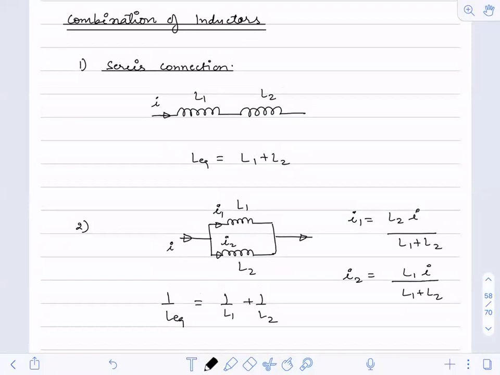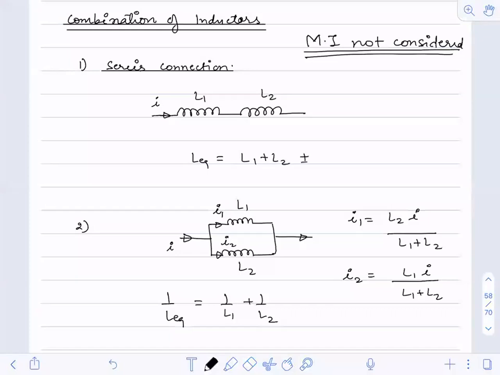This is only when mutual induction is not considered. If it is considered, it becomes a little typical, because in that case you have to identify which polarity is where, and with that you will add plus or minus 2M.